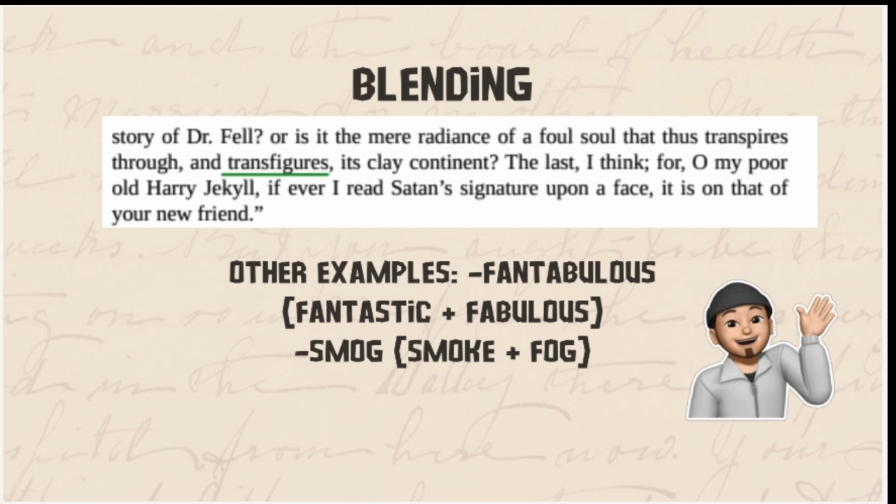Trans means across or beyond, and the word figure refers to a shape or form, which suggests that the new word means beyond a shape. Other examples that we can find in common English are the word fantabulous, which means fantastic plus fabulous, and smog, which means smoke plus fog.